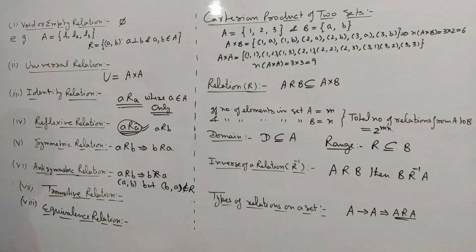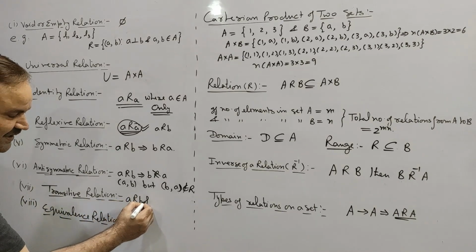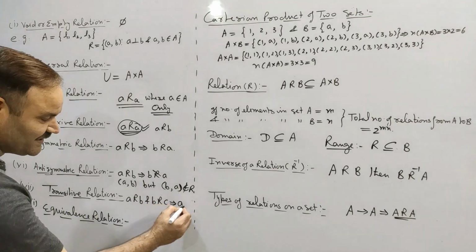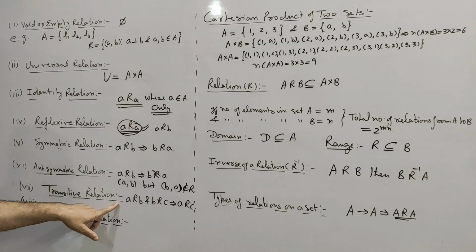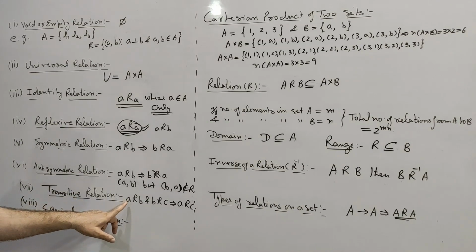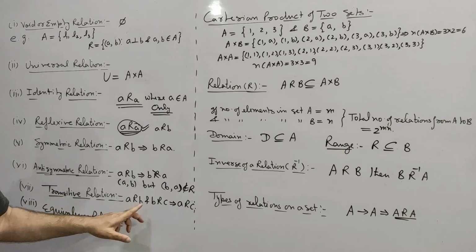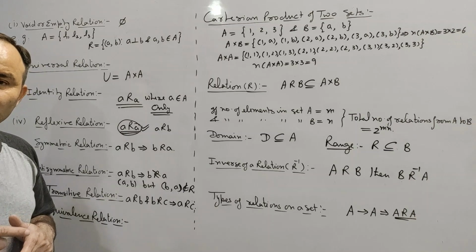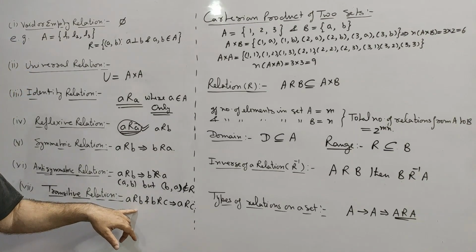Now, the transitive relation: if a related to b and b related to c implies a related to c, then the relation will be called a transitive relation. Say line A is parallel to B, B is parallel to C, then line A will be parallel to line C. It means the relation parallel to defined on the set of parallel lines is a transitive relation.